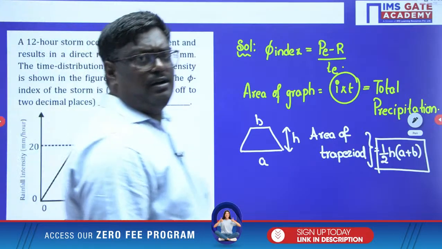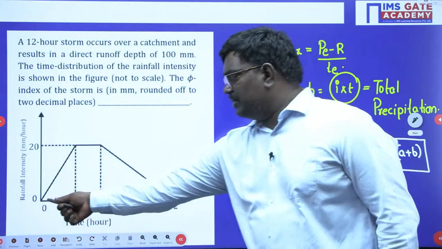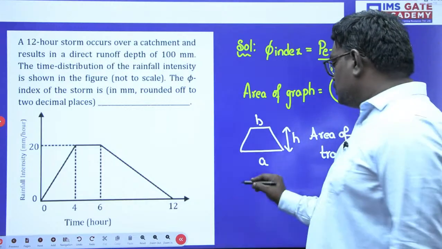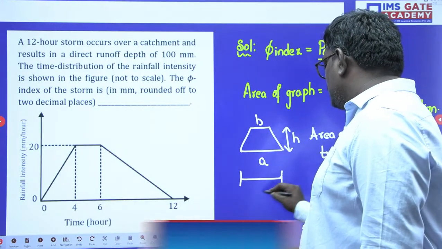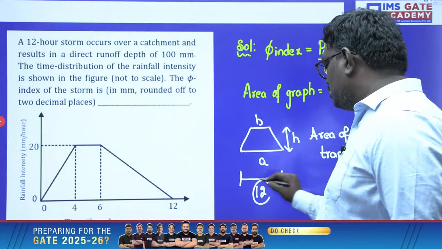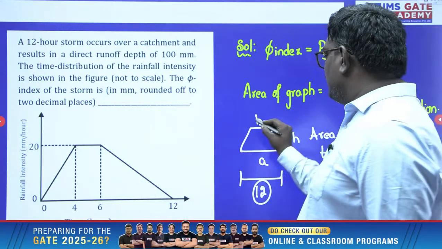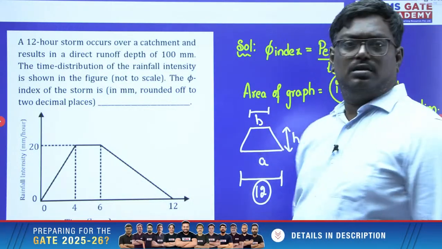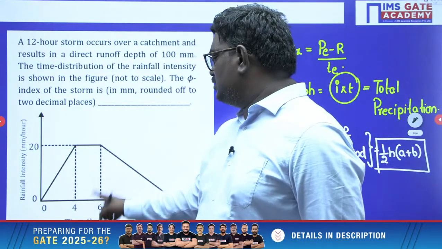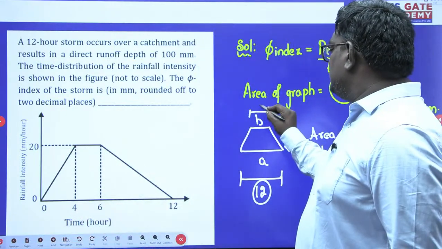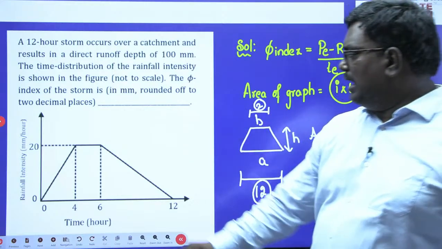Am I correct or wrong? So here, what is the length from here to here, sir? It is 12. And here the distance from here to here is 4 and 6, so this is equal to 2. And what is the height, sir?